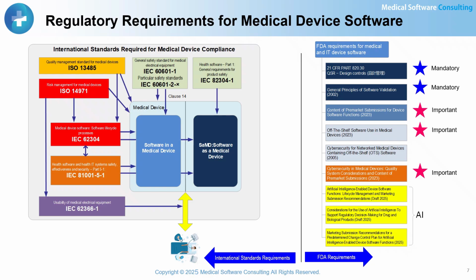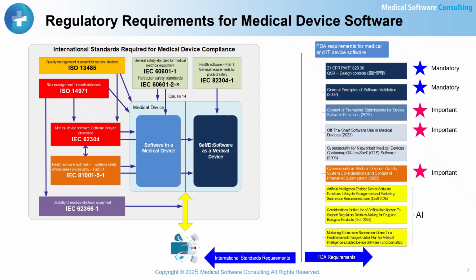On the right side of the slide, we have the FDA requirements for medical and IT device software. Some are mandatory, such as design controls under 21 CFR Part 820 and the general principles of software validation. Others are important guidelines, such as pre-market submission content for device software, the use of off-the-shelf software, and FDA guidance on cybersecurity.